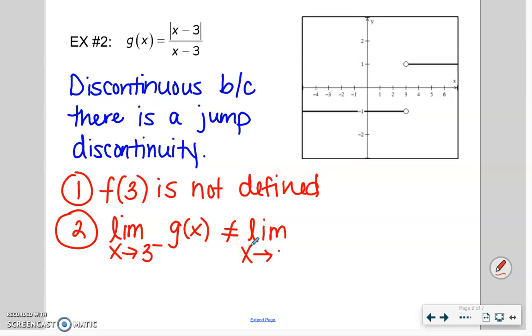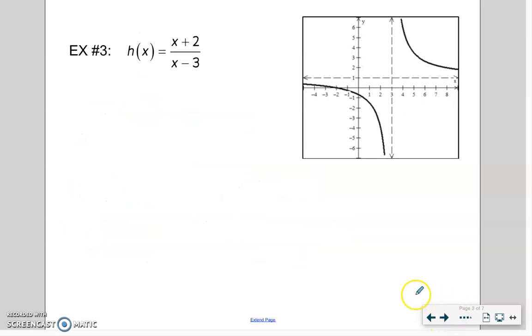This is just another way of being more formal, another way of saying these two lines don't meet up in the same place. So the blue is what we would have done in pre-calc, and the red is the more formal calculus definition.